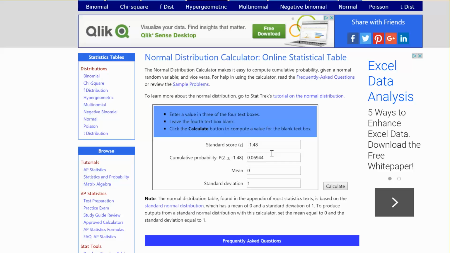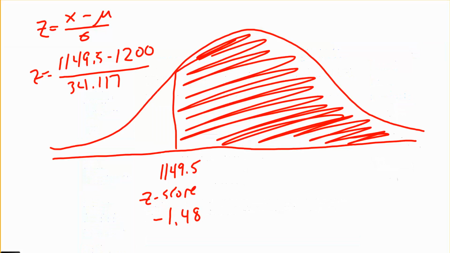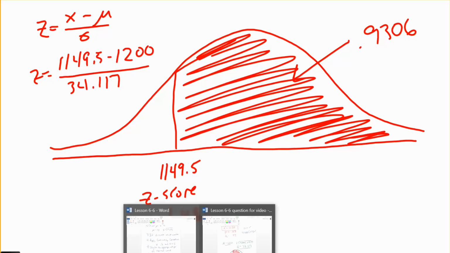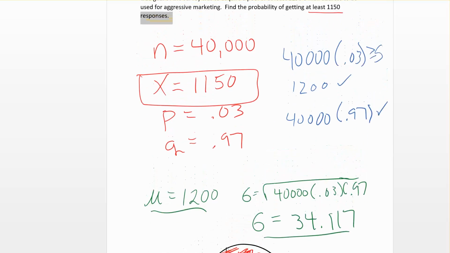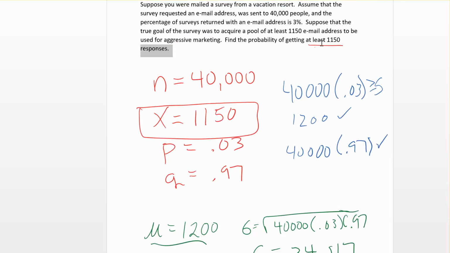And if we subtract that from 1, we end up with an area in this part of the curve of 0.9306.